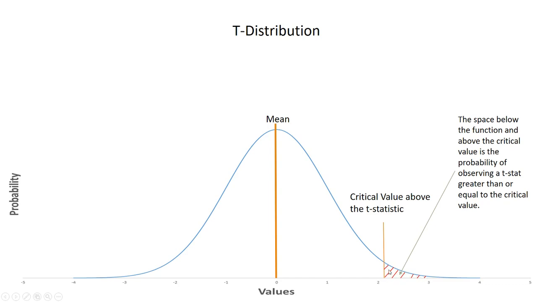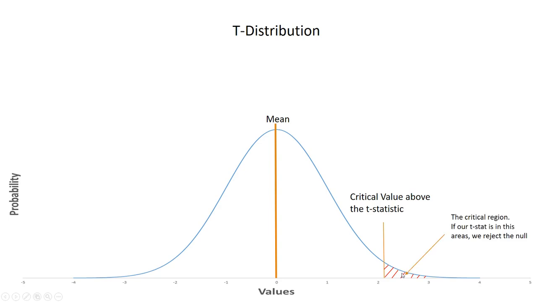if the null hypothesis is true. If the null hypothesis is true and this is the true distribution, then this area is the probability of finding a t-statistic above the critical value. And we've also said that if our t-statistic lies in this area, then we will reject the null.